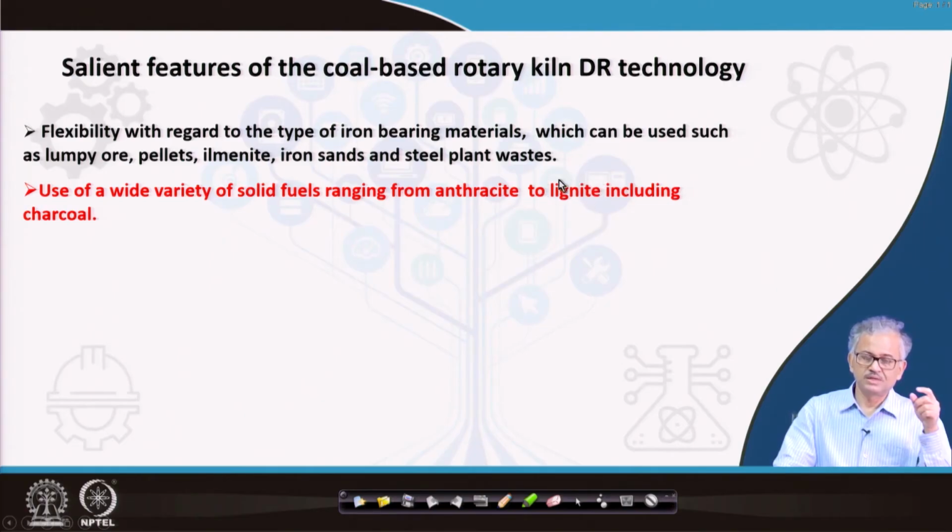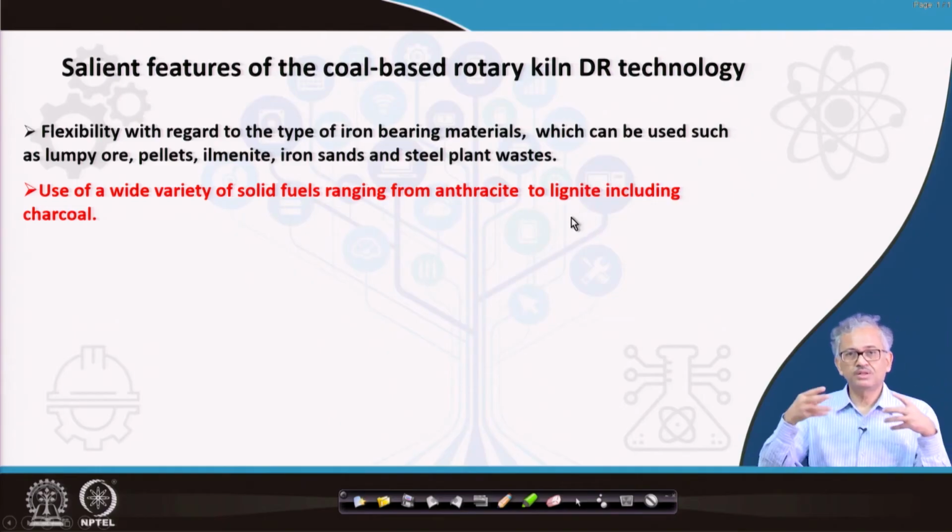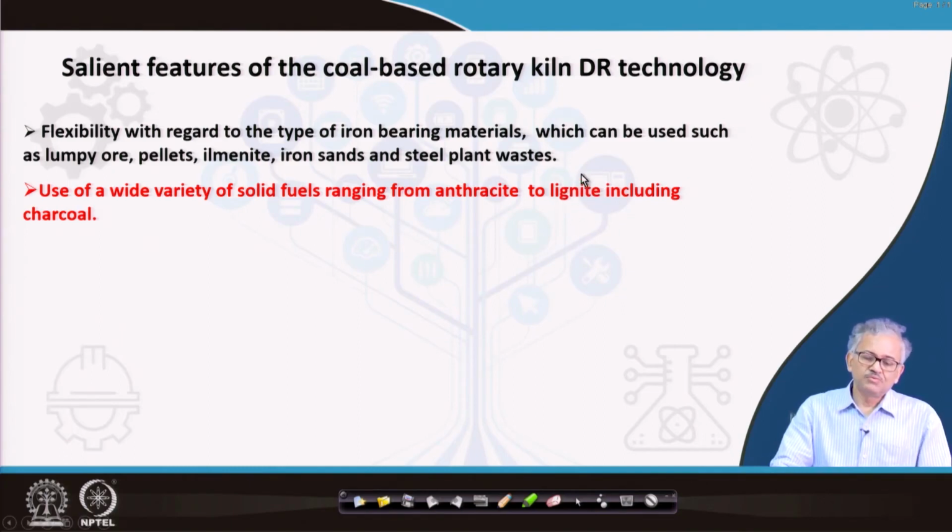And you can use a wide variety of solid fuels also, starting from anthracite to lignite, non-coking coal obviously. Use of lignite is good, because lignite is very reactive. Sometimes it is too reactive, so you have to decrease this reactivity to some extent. Since lignite is reactive, you can operate the furnace at comparatively lower temperature.